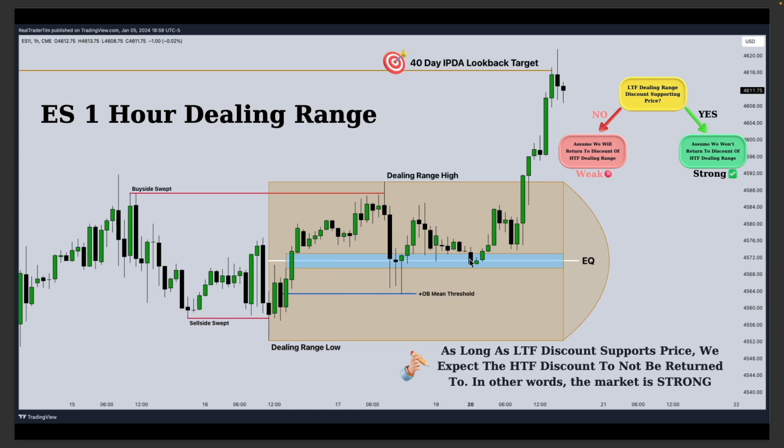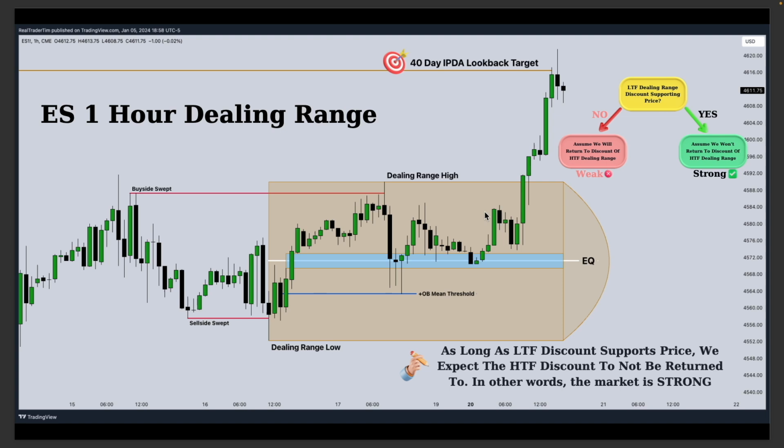So as long as that remains true, it is telling us that the market is strong because it doesn't even want to return to a discount of the 4-hour or the daily dealing range. All it's doing is working within this hourly dealing range. And those algorithmic signatures within the dealing ranges tell us if the market is strong or weak. And of course, we can see that eventually we do beautifully expand higher and get that 40-day IPTA look-back target.